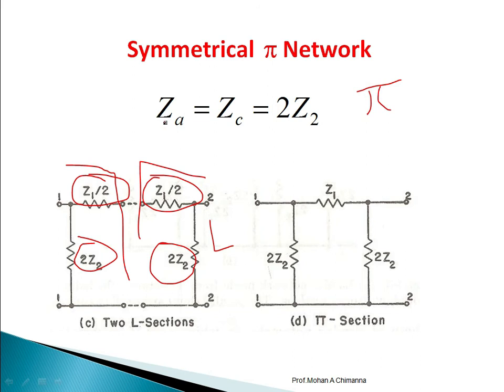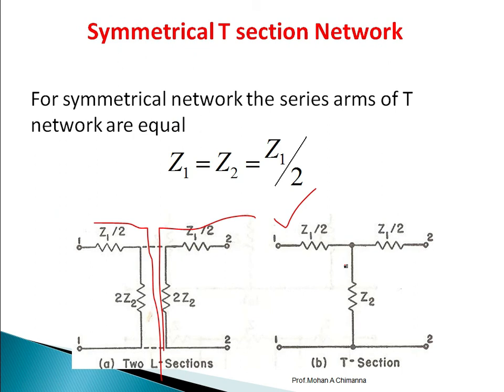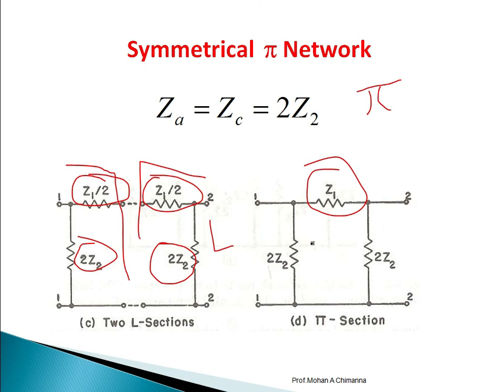So ZA or ZB, ZC is equal to 2Z2. Here is Z1 upon 2Z2. Previously we saw Z1 by 2 and Z2 for the T section; in the case of the pi section, it is Z1, 2Z2 and here is the 2Z2.